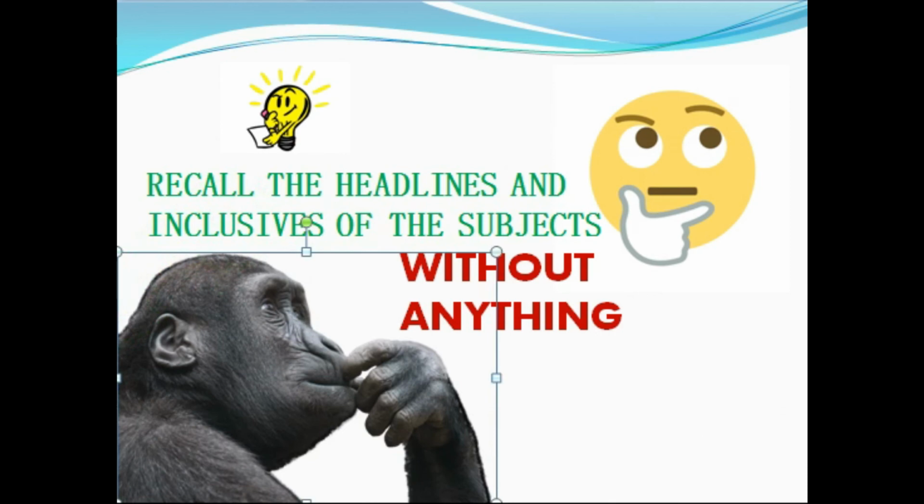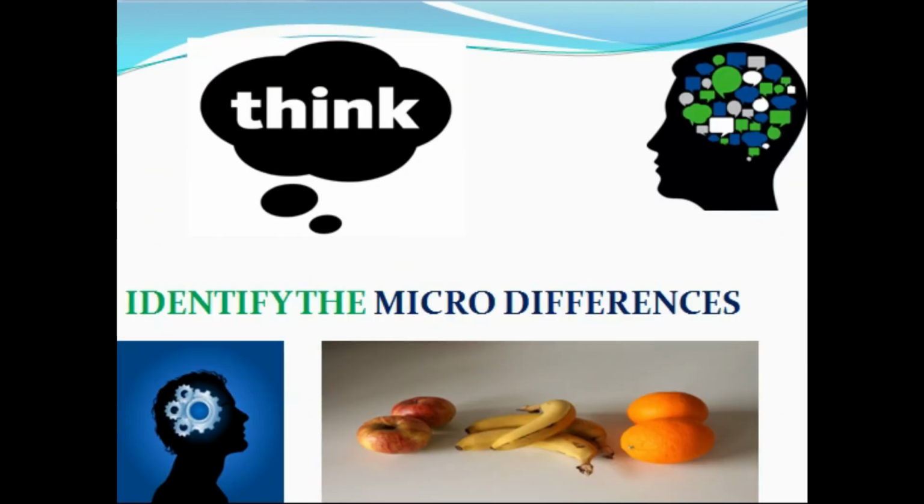The second thing for recalling is to identify the micro differences. First, micro differences and macro differences. You know, if you want to do the exam very well compared to other students, you should identify the micro differences. The micro differences are very important to get high marks in any exam, because exams depend on micro differences.